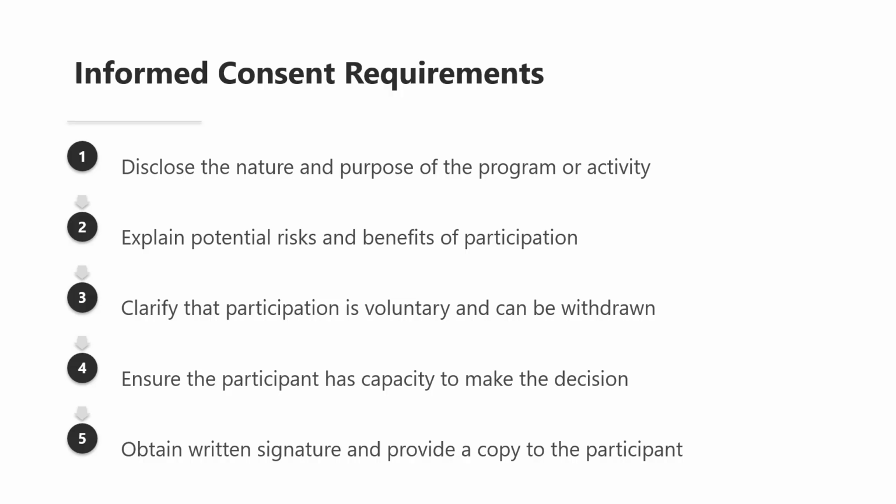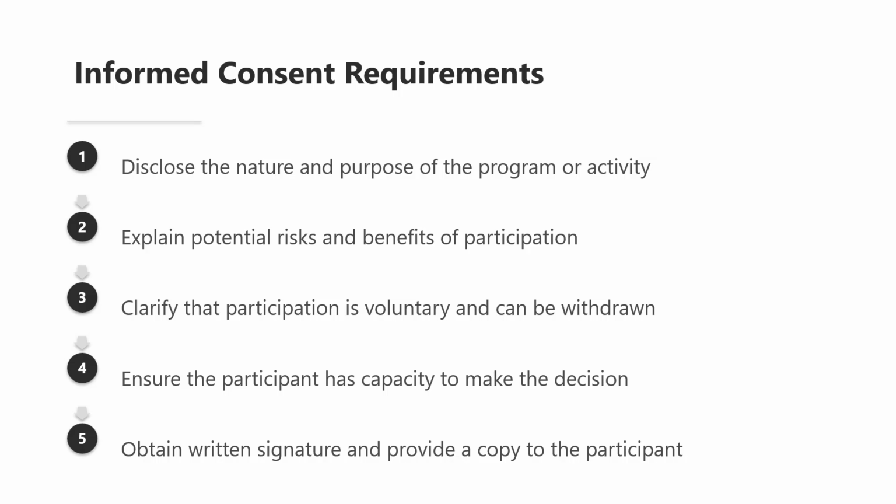Informed consent is both a legal requirement and an ethical obligation in health education, and it is one of those skills that protects everyone involved. It protects participants' autonomy and protects you and your organization from liability. There are 5 essential components, so let us walk through each one together.